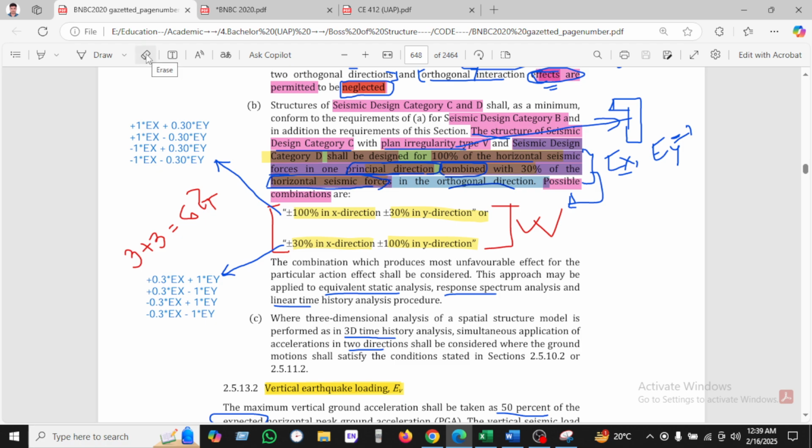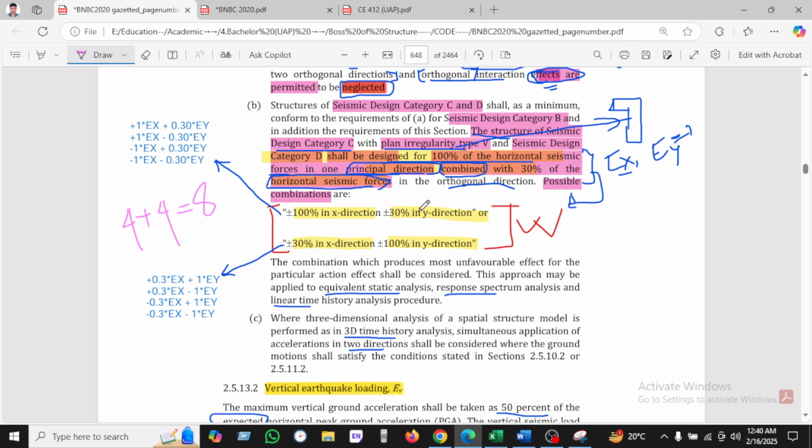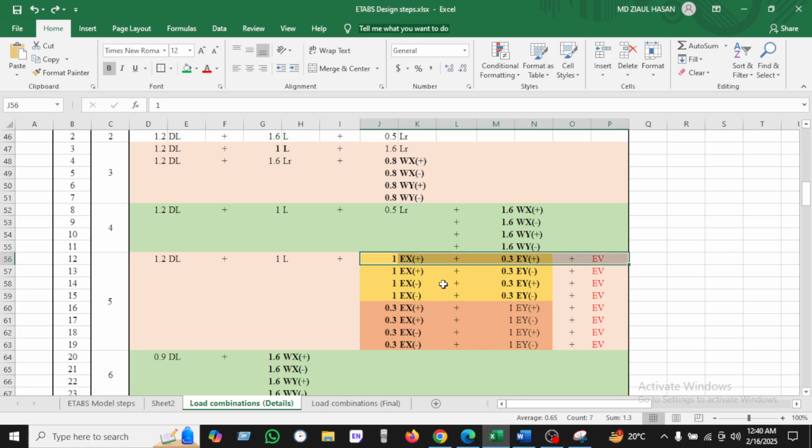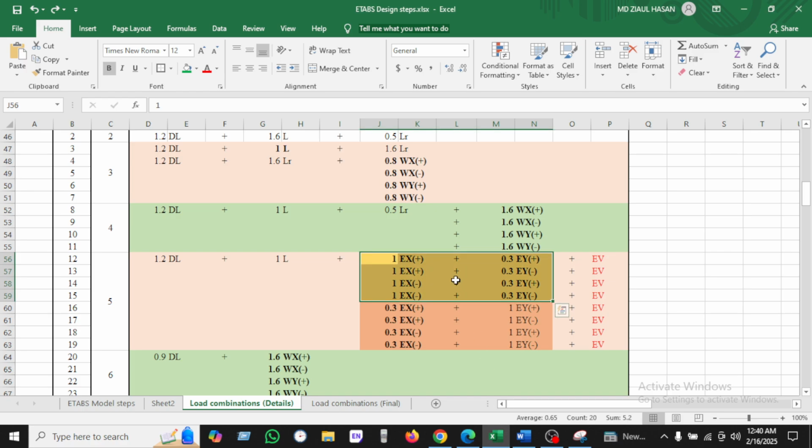Okay, I wrote it wrongly here: it is not 3 into 3, it will be 4 into 4. So 4 plus 4, so 8 combinations will be coming extra for dividing in these cases. So this is the 4 we took at first, and another 4 is here.